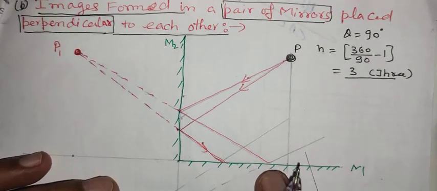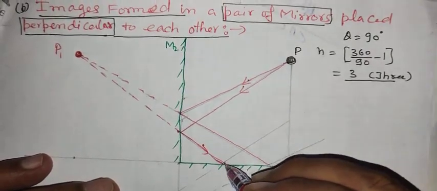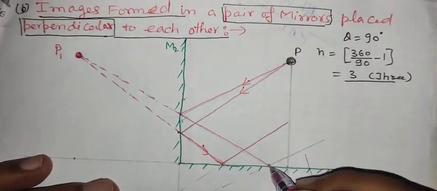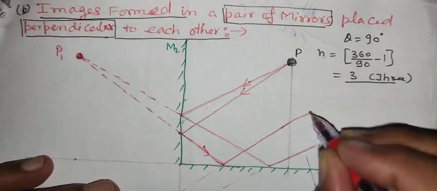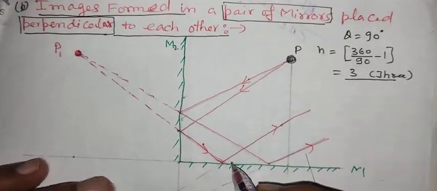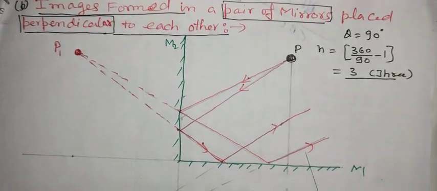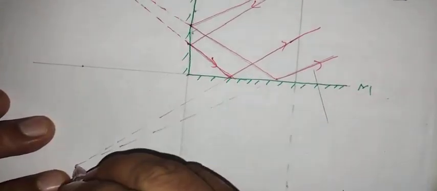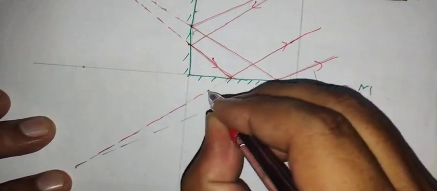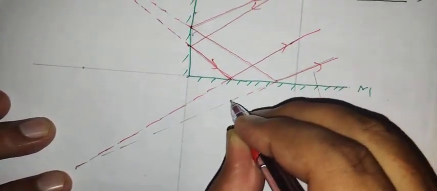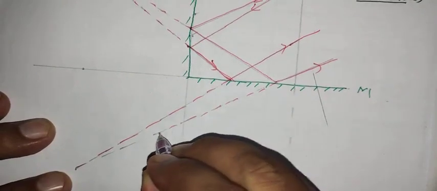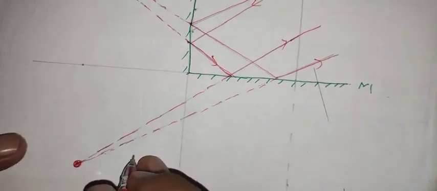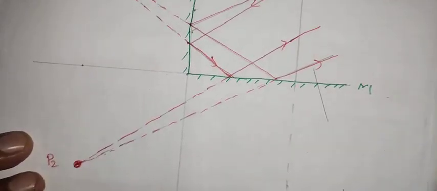Now when it falls on mirror M1, again the phenomenon of reflection takes place in this direction. Again when this ray proceeds backward, it seems to come from this common point. So the second image P2 is formed here.